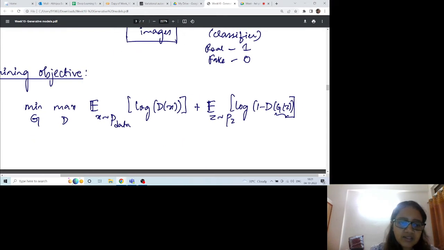So let's break this expression down and think of it from the point of view of the discriminator first. Suppose you are the discriminator. What would you want when you see a real image? You would want to output something close to 1. When you see a fake image, you want to output something close to 0, right?